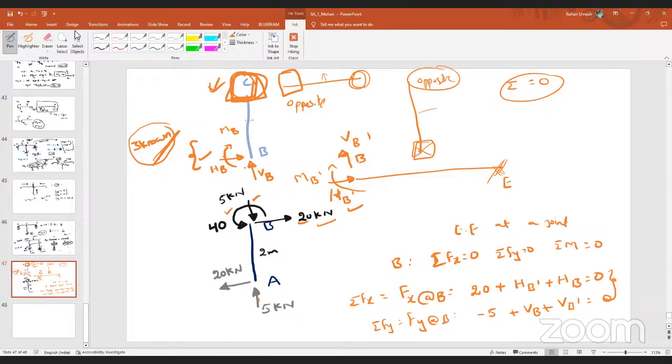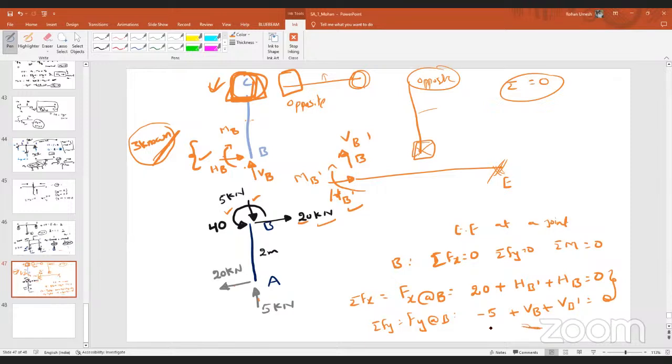Sir, at point B, what about the summation of moment equal to 0? You have written only 2 equations at point B: summation Fx equal to 0 and summation Fy equal to 0.